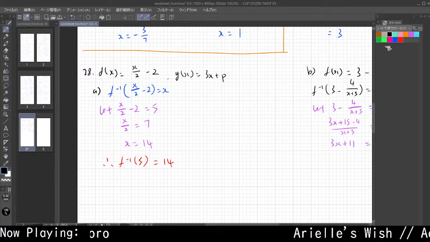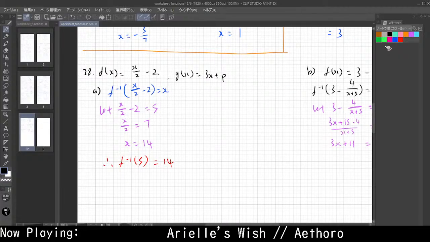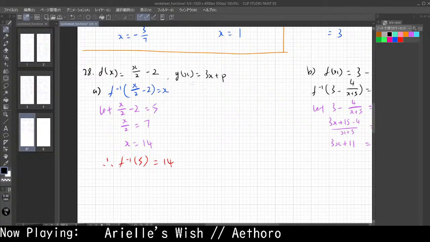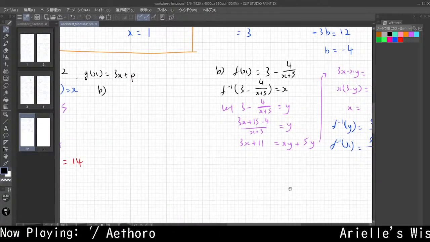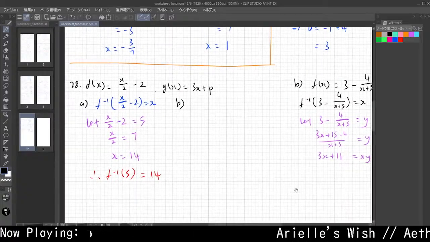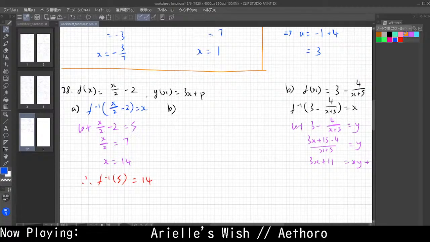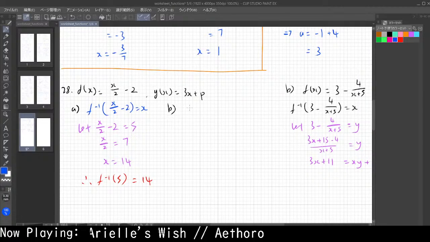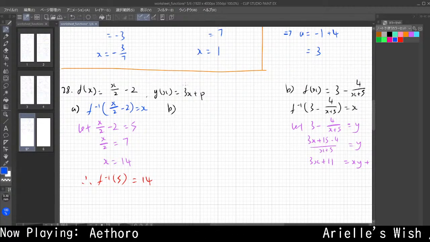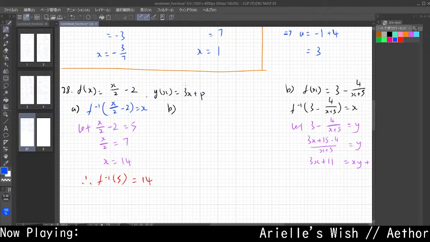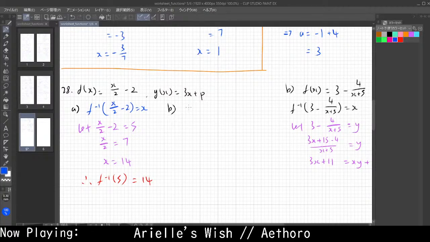Okay, unfortunately this will require us to find f inverse explicitly. So let's do that. f(x) is this. I will have to find f inverse explicitly.